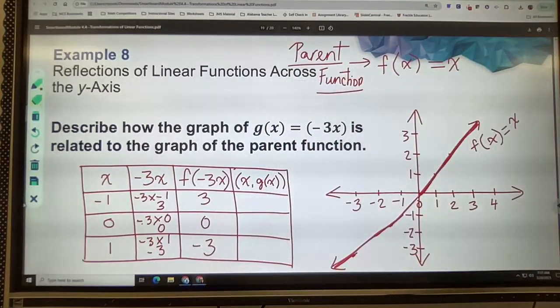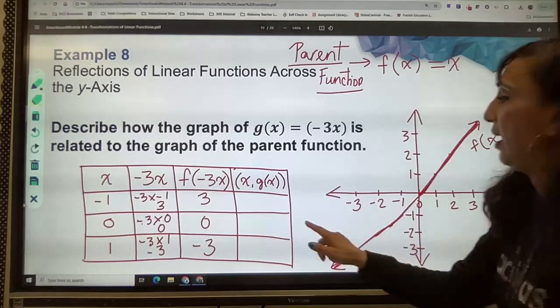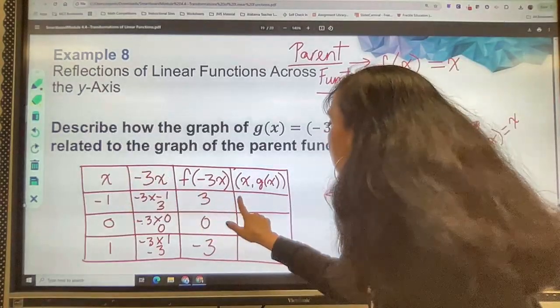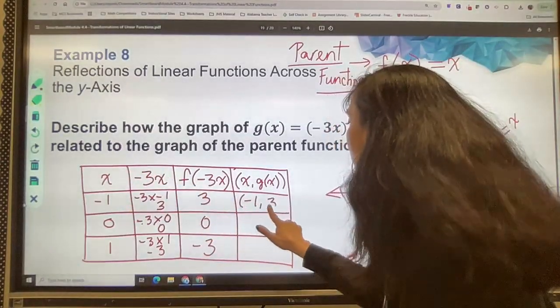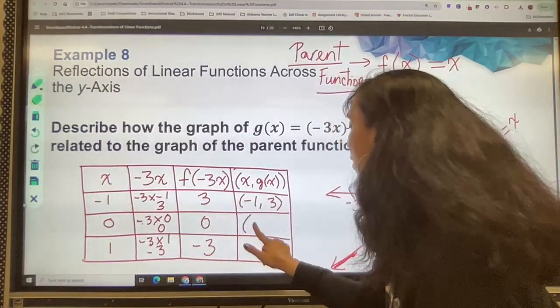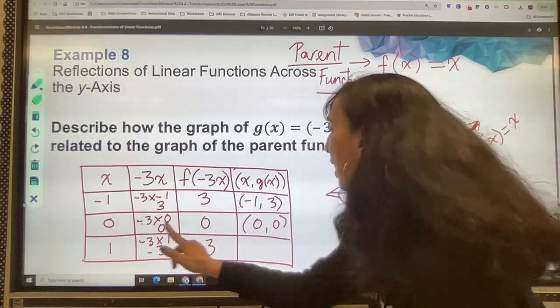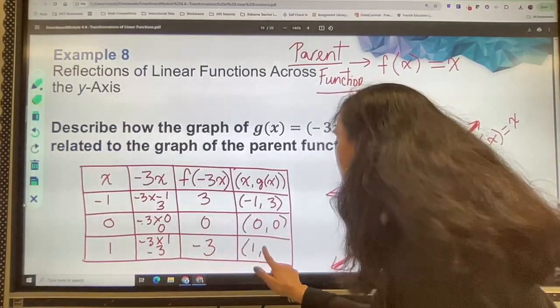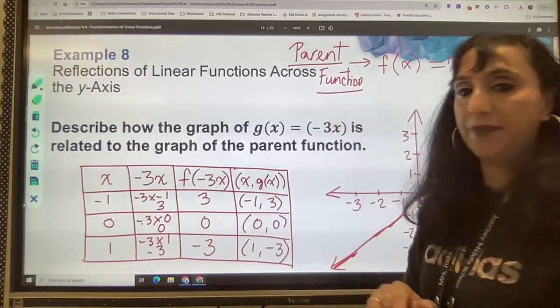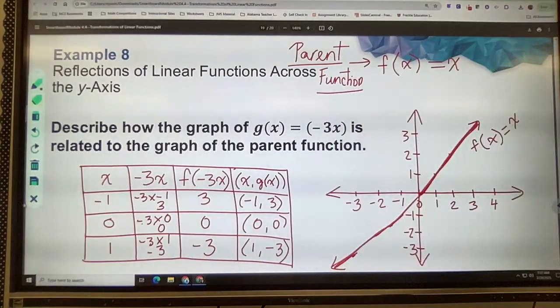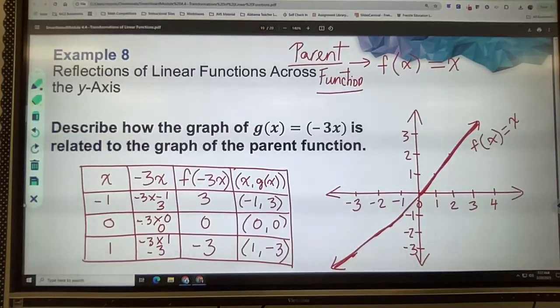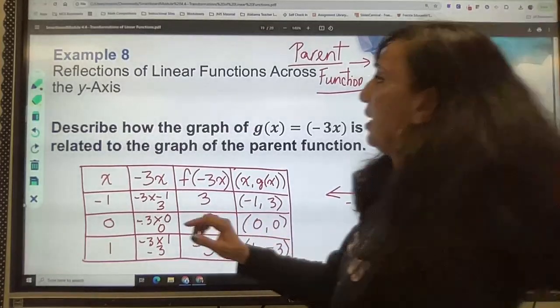So now let's look at my ordered pairs that I have over here. I have negative 1, 3. I have 0, 0. And I have 1, negative 3. Okay, so I'm going to go ahead and now graph this using a different color.